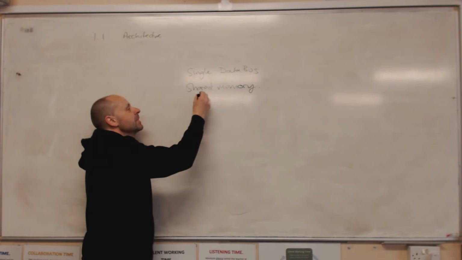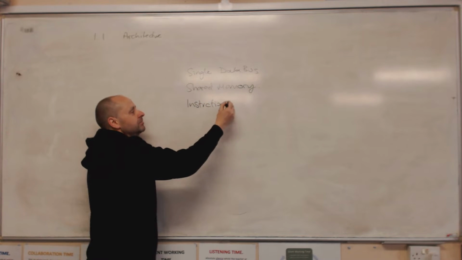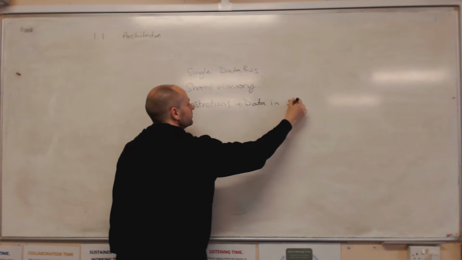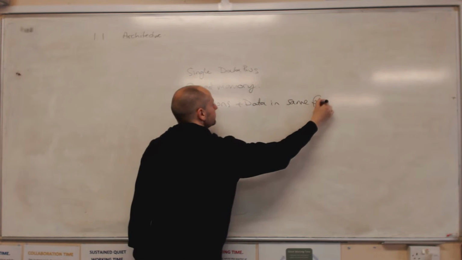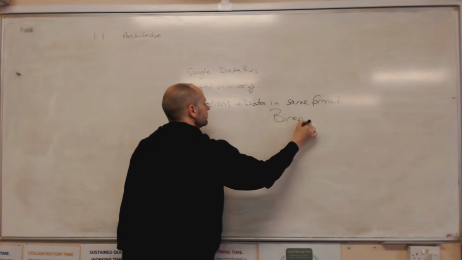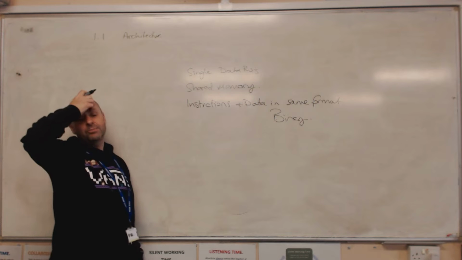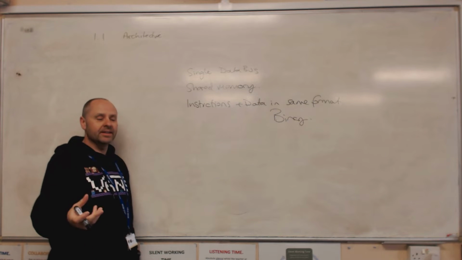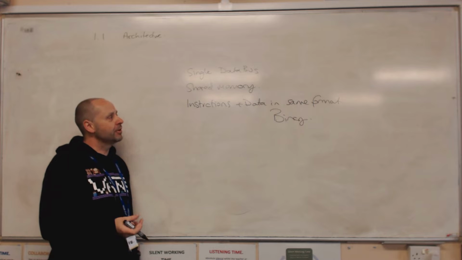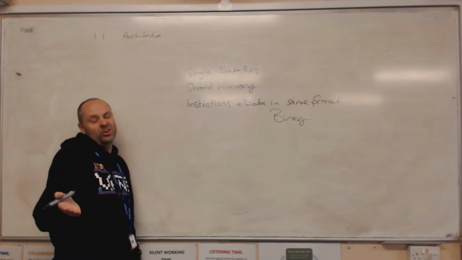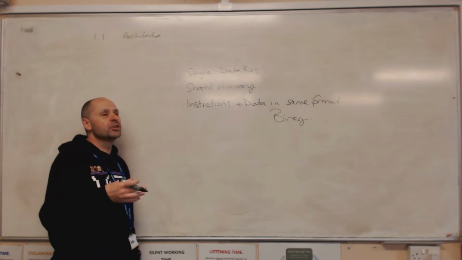Shared memory. So instructions and data are in the same format, binary. That means to the CPU, everything looks the same. So when it fetches information from memory, it assumes it's an instruction, but it could be data, which is good and bad.